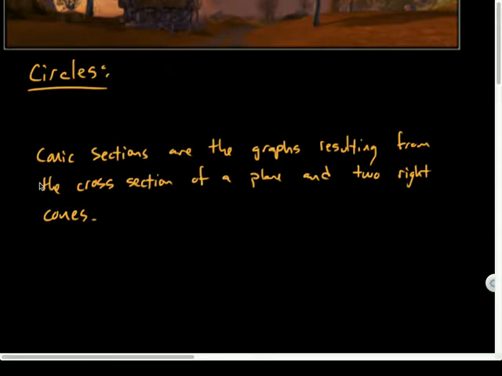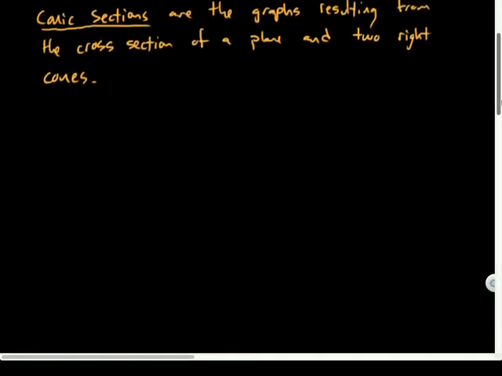And that's probably not the most helpful. So let me draw a quick little sketch of what I'm describing.